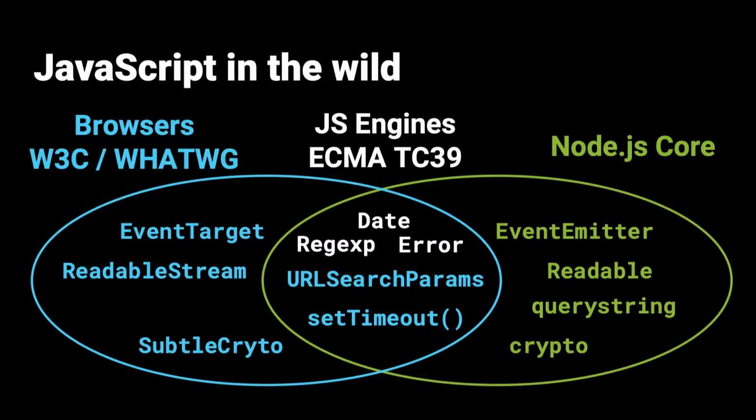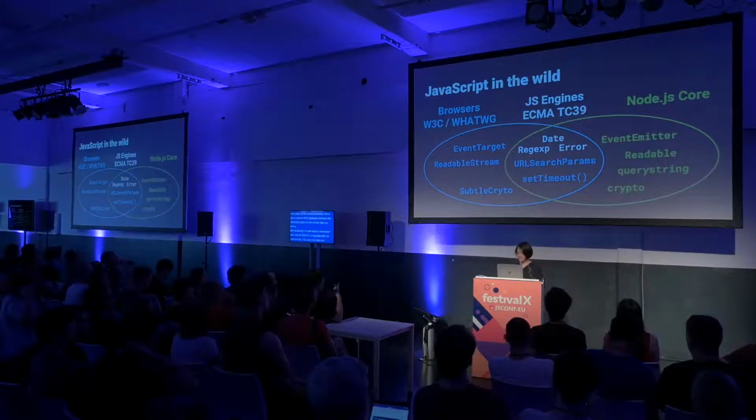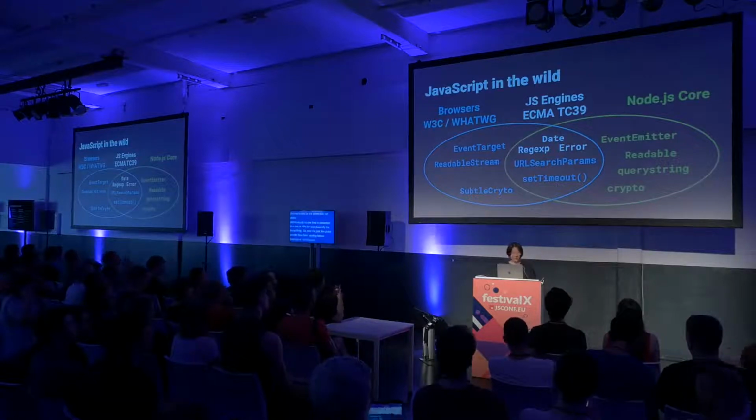But obviously, no one likes to remember two sets of APIs for doing basically the same thing. So over the past few years, people have been sending feature requests to Node to bring the two platforms closer together. For Node, it usually means making the runtime more compatible with browsers.